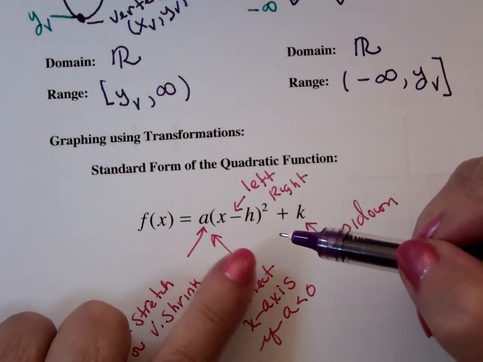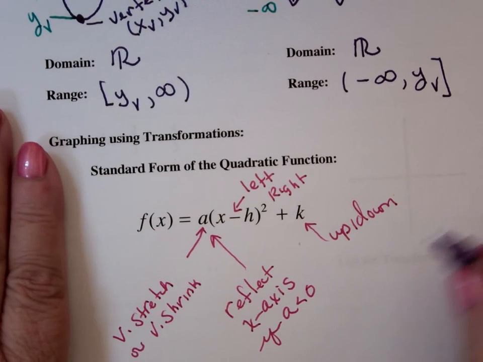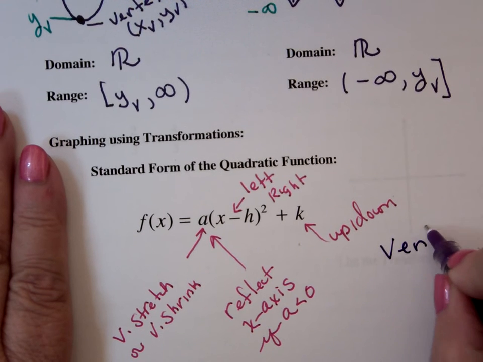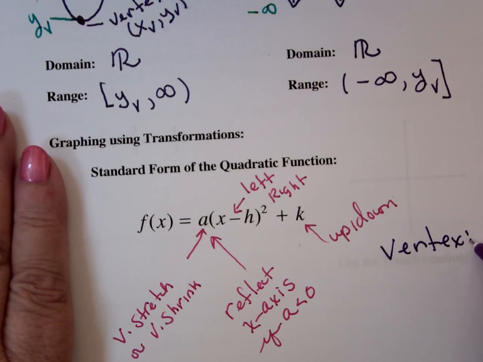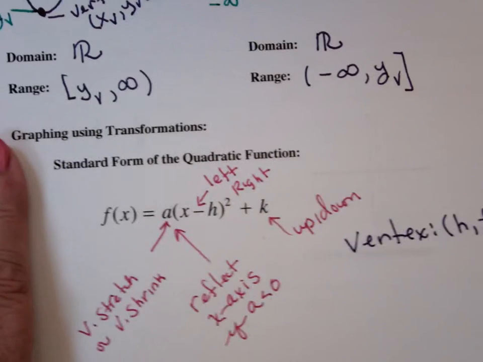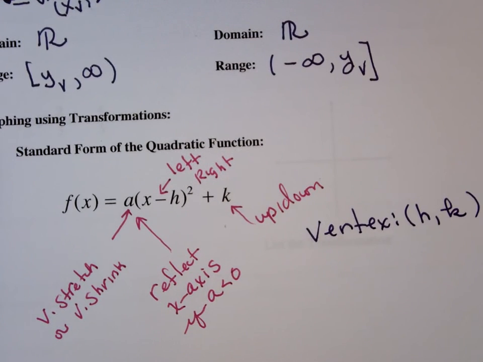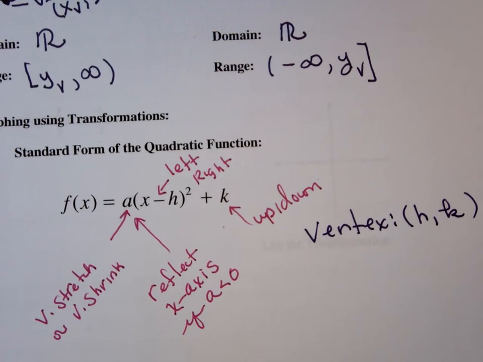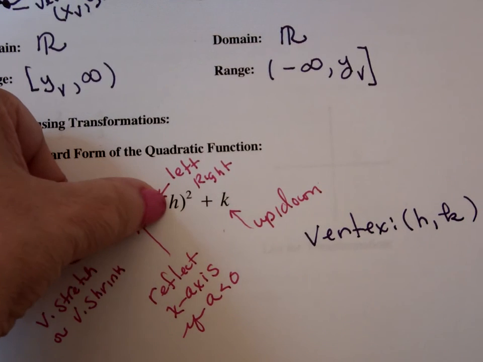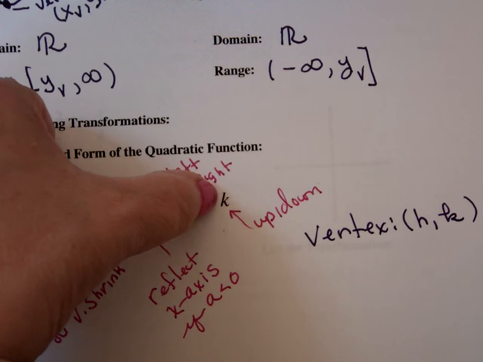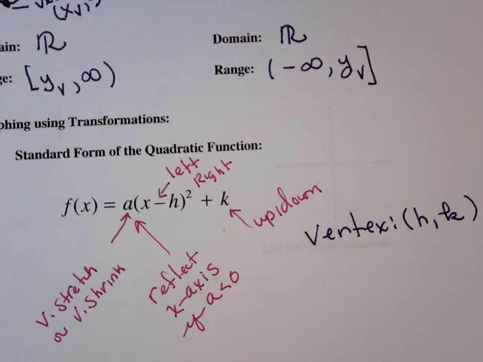Now, if I look at standard form, the vertex is h comma k. h and k, left, right, up, down.